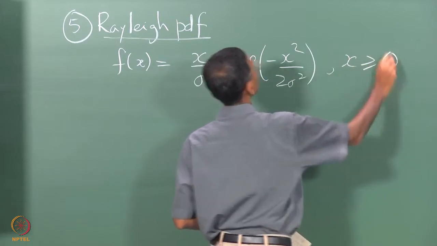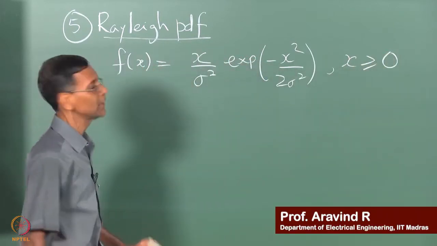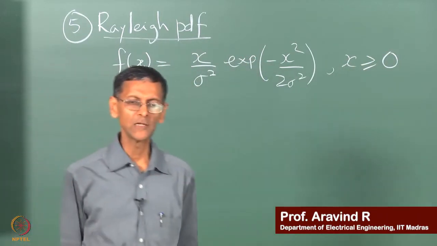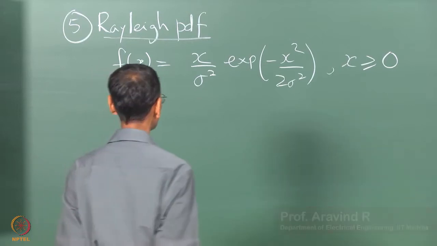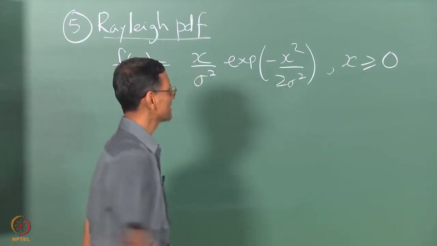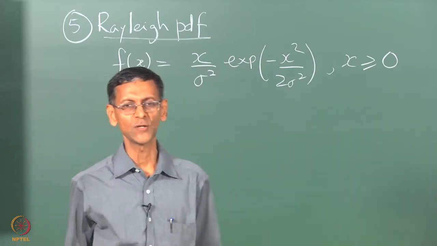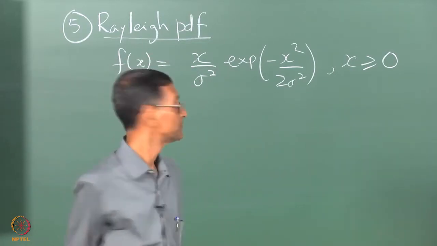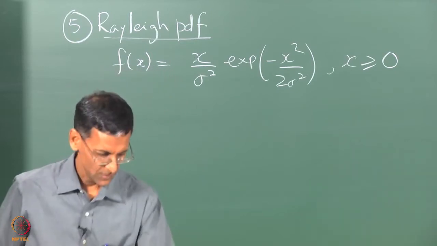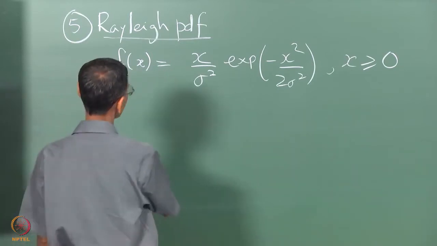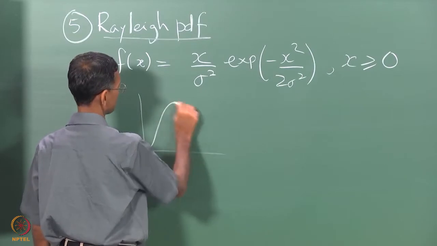This is defined only for non-negative values of the argument. So, whenever something like this comes, it automatically means what? The PDF is 0 for x less than 0. So, if you plot this, what does it look like? It looks like this.